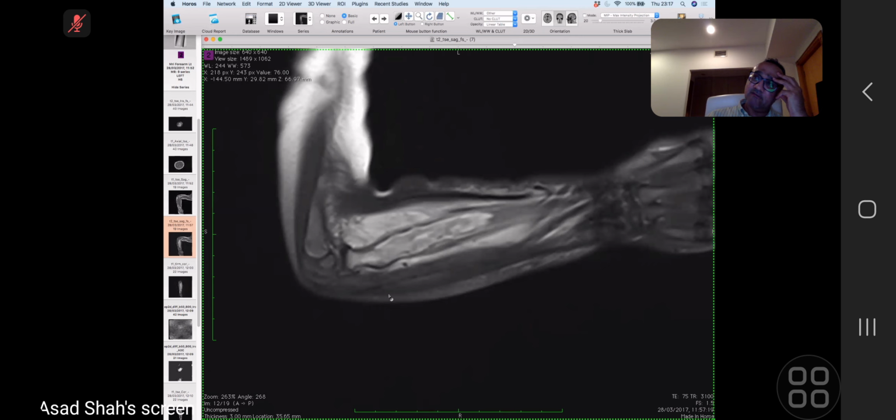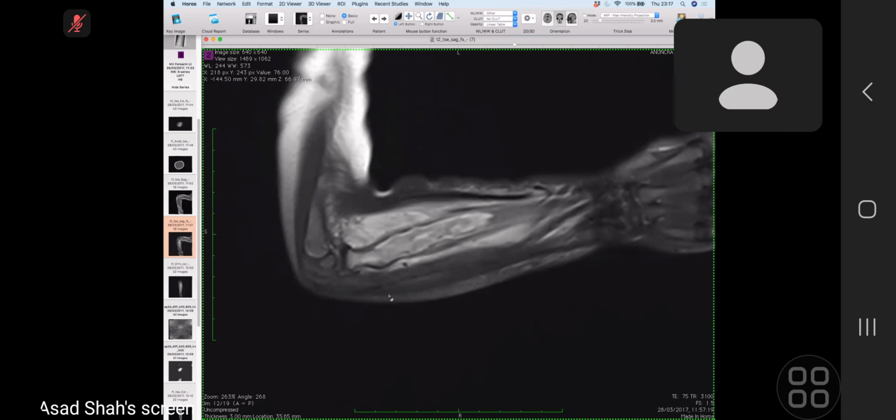Now you can see the full extent of the abnormality. The abnormal signals expand from the epiphyseal region of the radius towards the mid-diaphysis with surrounding soft tissue involvement. There is internal heterogeneous bone marrow signal, so it favors the diagnosis of osteomyelitis.